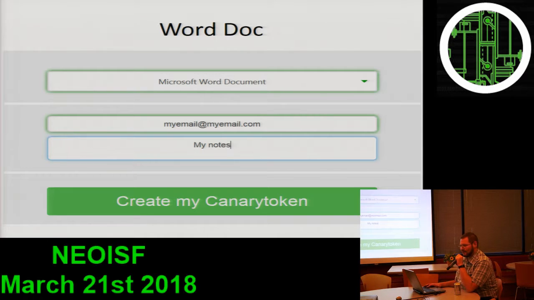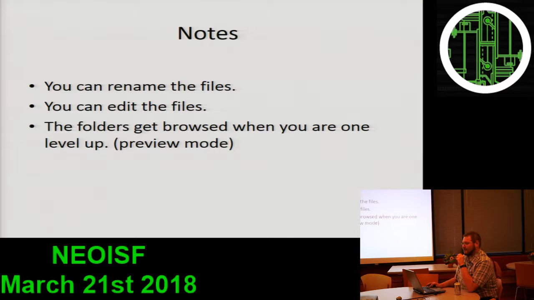You can also do a Word doc. That's kind of fun because you can then add whatever you want into the Word document. And then if you place that Word document inside one of the folders, you really know that somebody was looking, because now they've very actively hunted, found a folder, and went to a file they shouldn't in it. You can rename all the files, which makes it a little bit more unique.